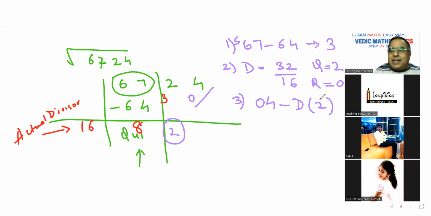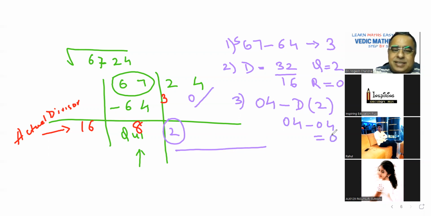So whatever numbers we get after the first pair, we'll find the duplex of that. So what is the duplex of 2? 4. So 0 minus 0, yes, 0. So my answer is, now this is my quotient. Quotient is equal to square root is equal to 82. Same.